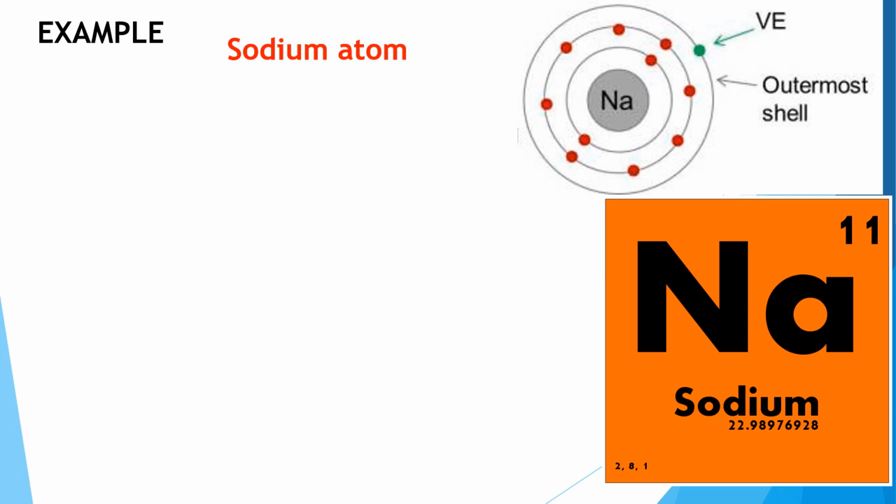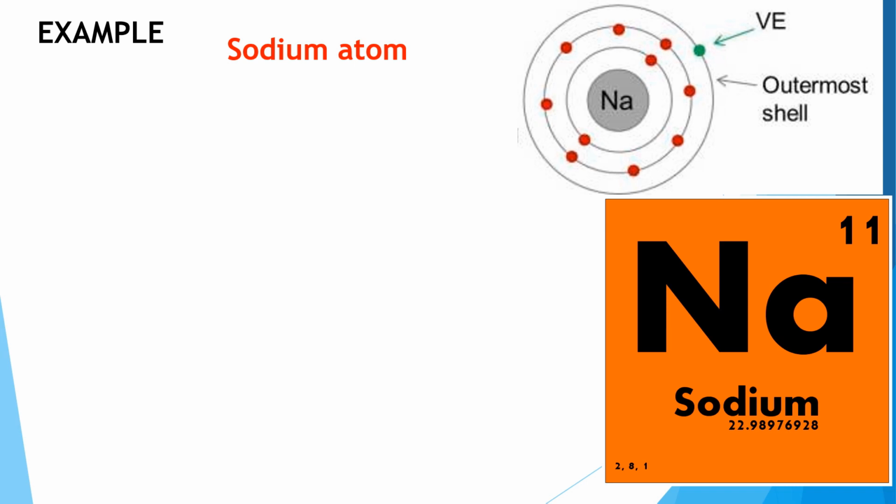This is the atom of sodium, this is the nucleus, and this is the shell: 1, 2, 3, three shells. So the electrons are around the nucleus.